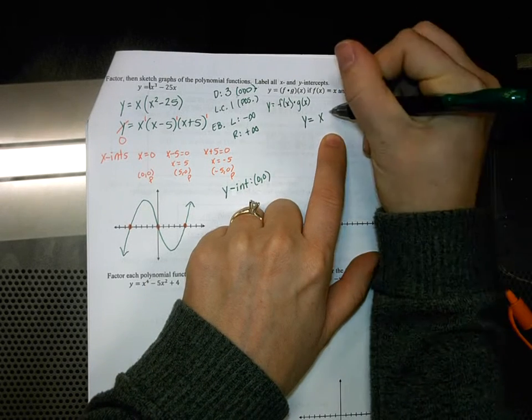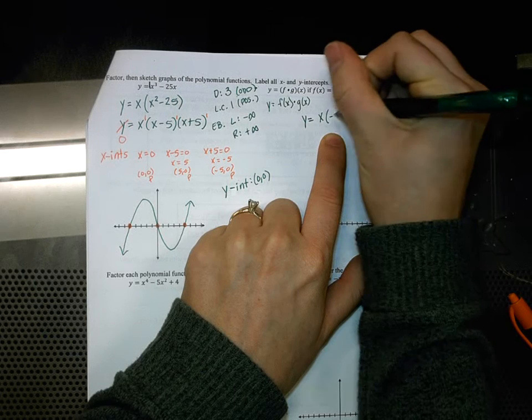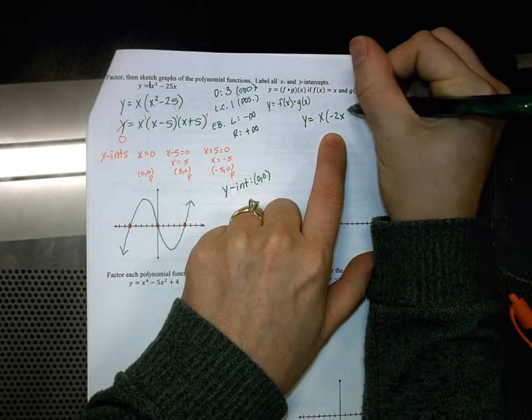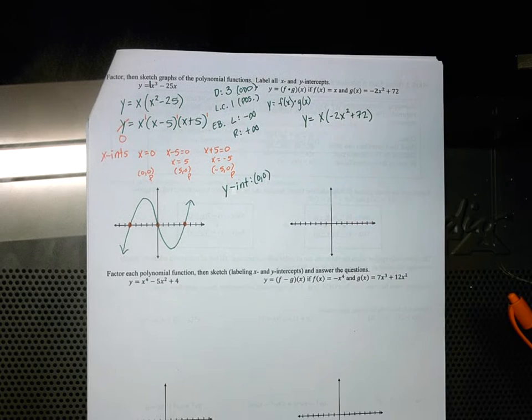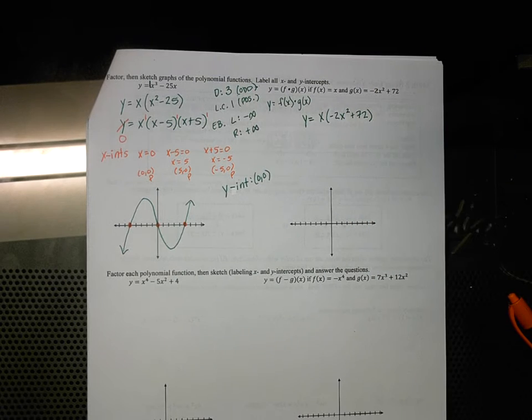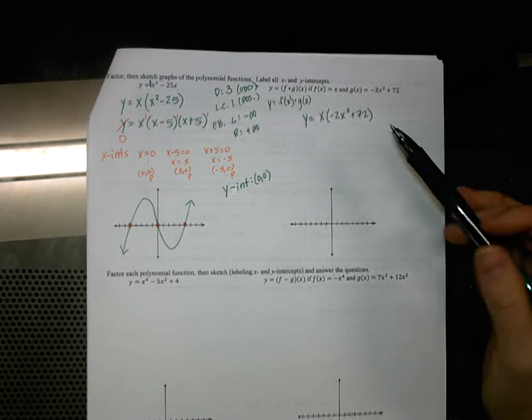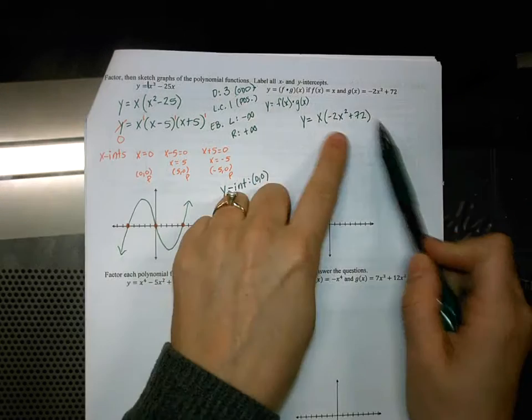If I'm going to multiply by something, I'm going to put it in parentheses. Okay, now I have a couple different options here. Should I distribute x to negative 2x squared plus 72? No, because we're going to factor this anyway, so we might as well just factor from here. If I distribute it in, I'll have to factor it back out, and I don't want to do that.